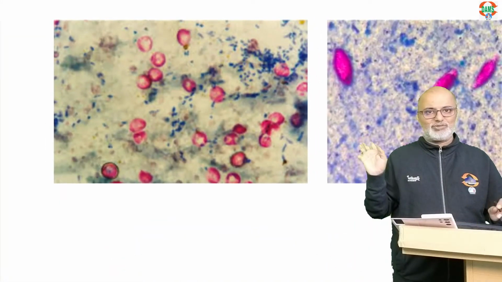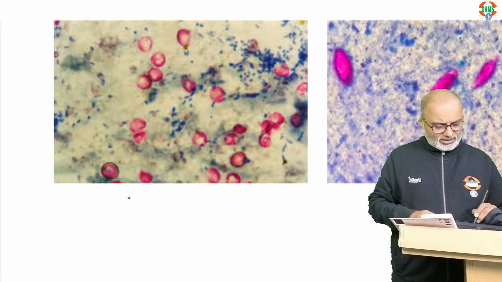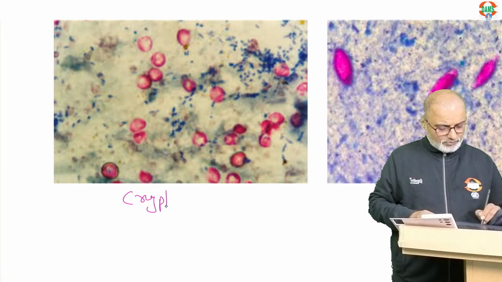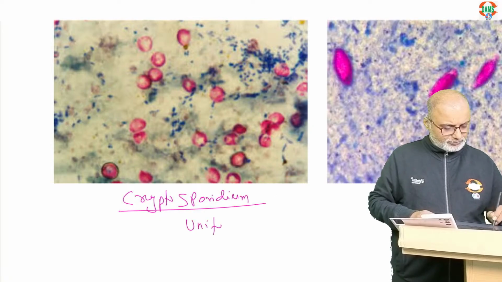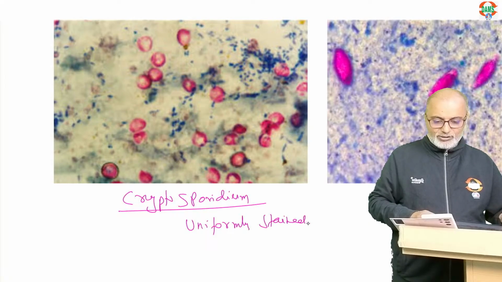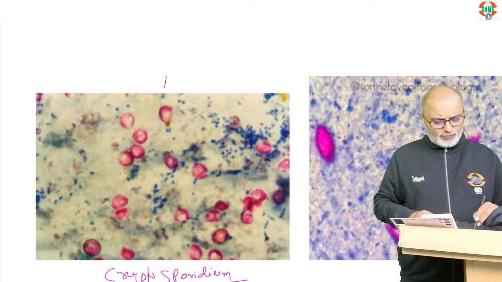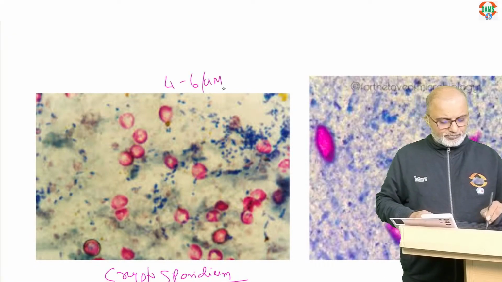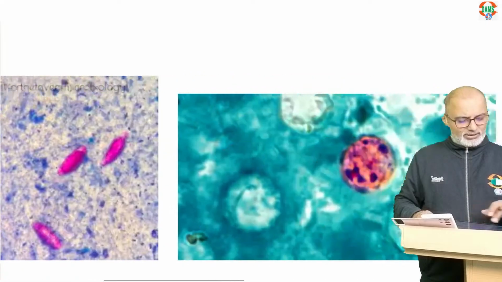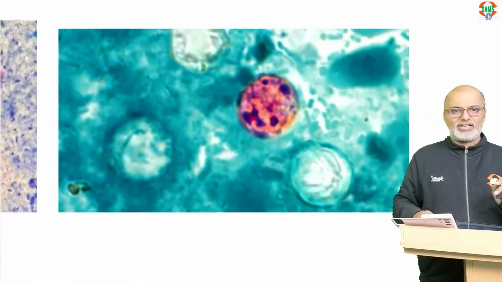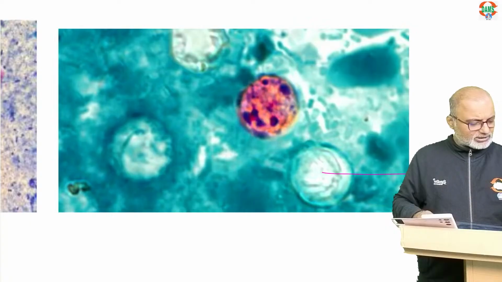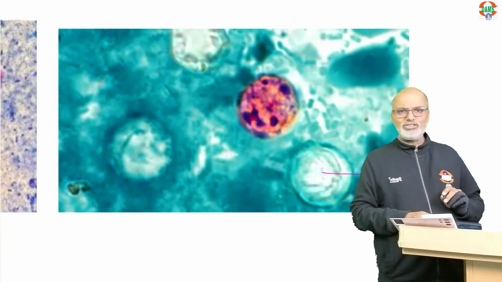It's digital, okay, but I can guess it is Cryptosporidium because it is round and uniformly stained. Size is around 4 to 6 micrometer. This is called a ghost cyst.